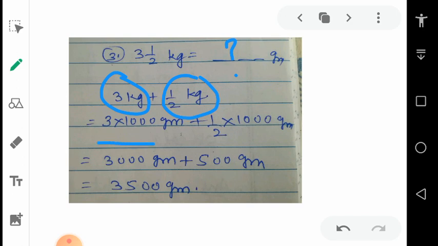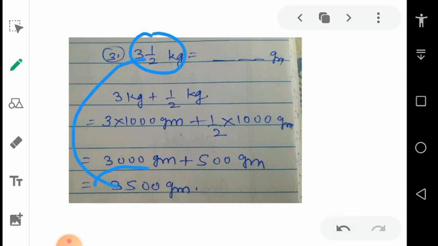So we have 3000 gram and 500 gram, as 1000 divided by 2 gives 500. By adding them we get 3500 gram. So we can say 3.5 kg equals 3500 grams.